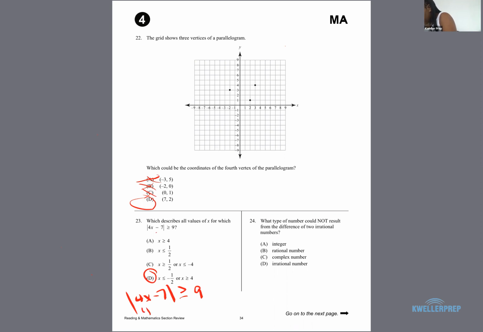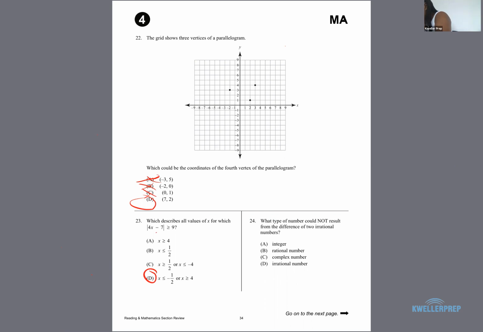You have 4x greater than or equal to 9 plus, wait, no. Sorry, just plug in values. So you have x is less than or equal to -1/2.